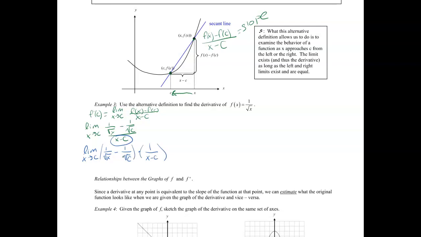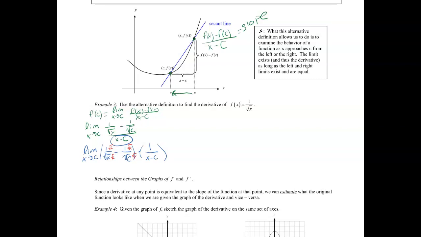Now we get to have the fun time of trying to get a common denominator with square roots, and I only need 2 in one little piece, so it's not as bad as it seems. So I need to multiply this piece by square root of c over the square root of c, and this piece by square root of x over the square root of x.